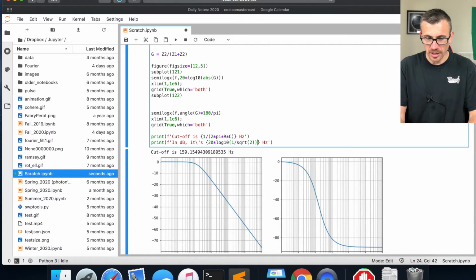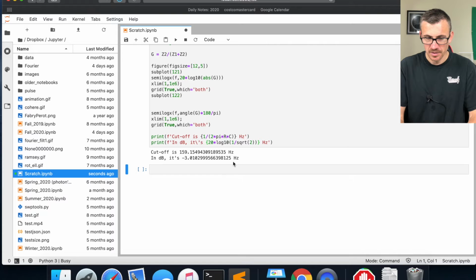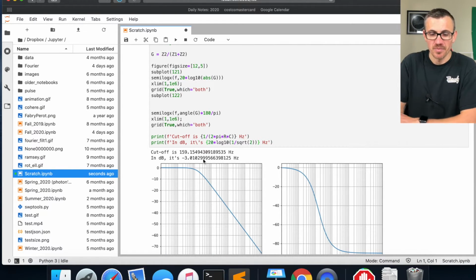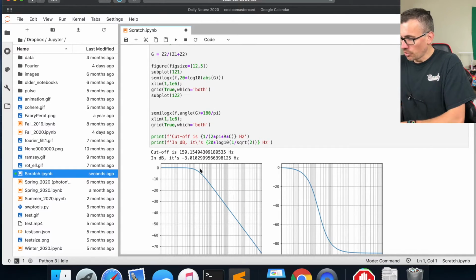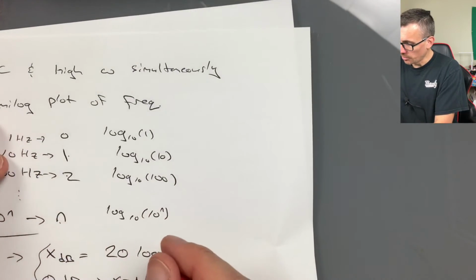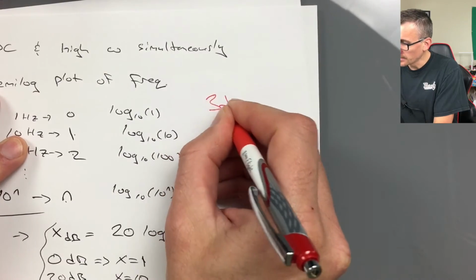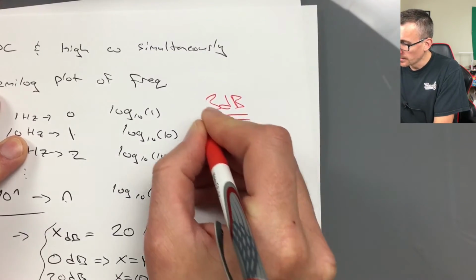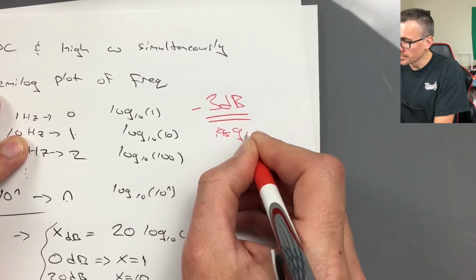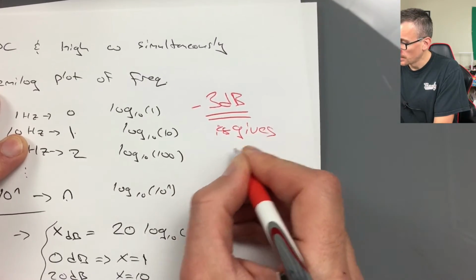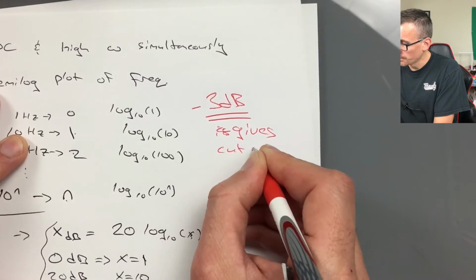Let's see if I forgot any brackets. Probably. Oh no, that's 3 decibels. 3 dB. So the 3 dB point, or negative 3 decibel point technically, is actually an important point here on a log-log plot. It gives our cutoff. That's our cutoff.